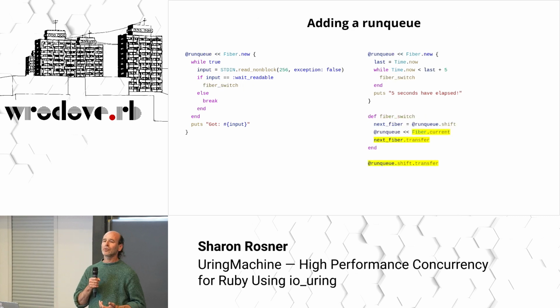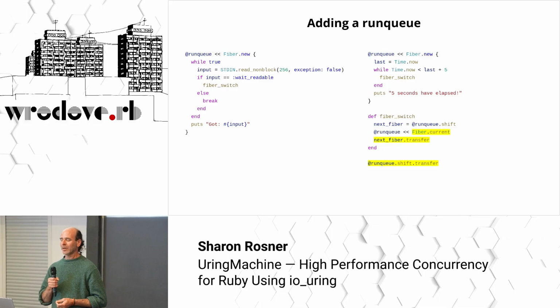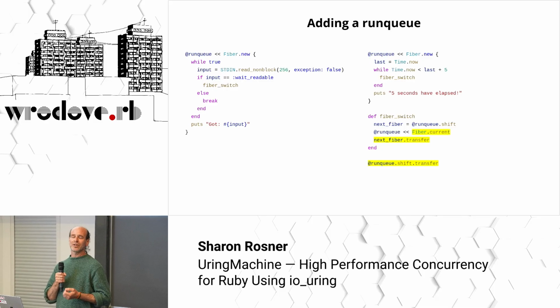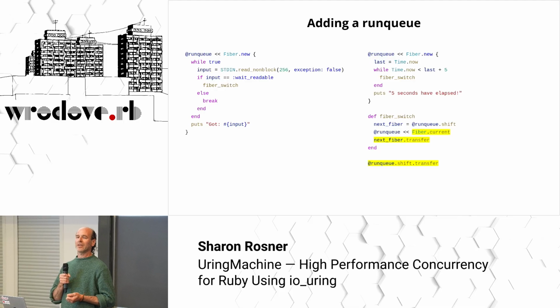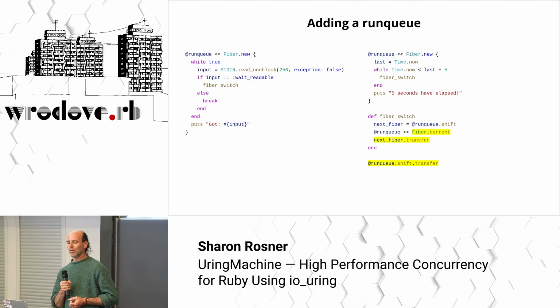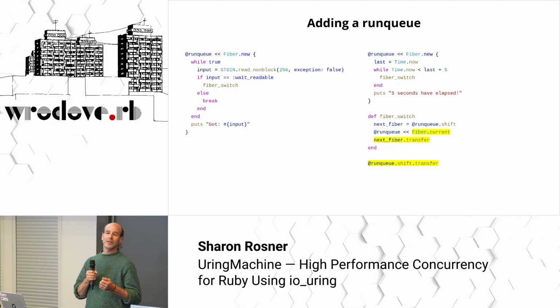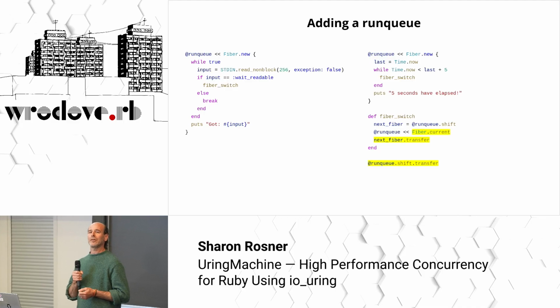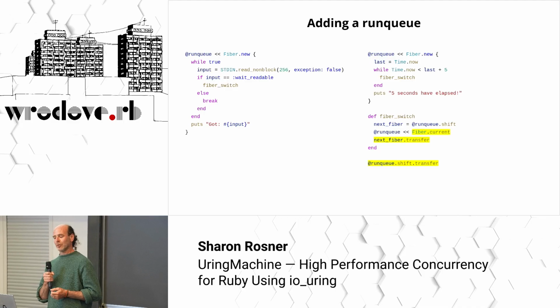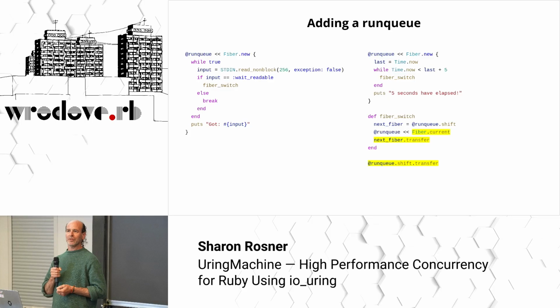So a solution to that would be to introduce the concept of a run queue. The run queue is simply a queue that holds fibers that are ready to run. So instead of calling reader.transfer or sleeper.transfer, we are going to abstract it away into a method called fiber_switch.